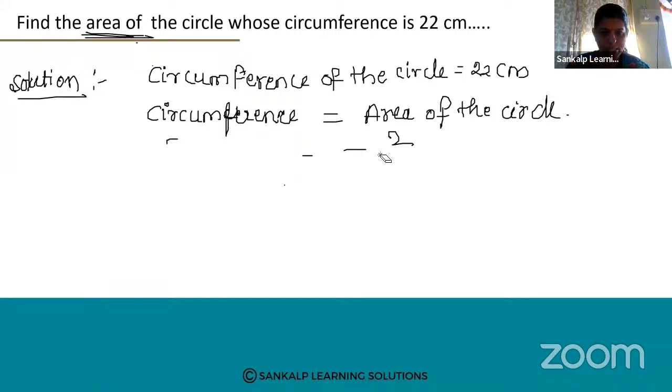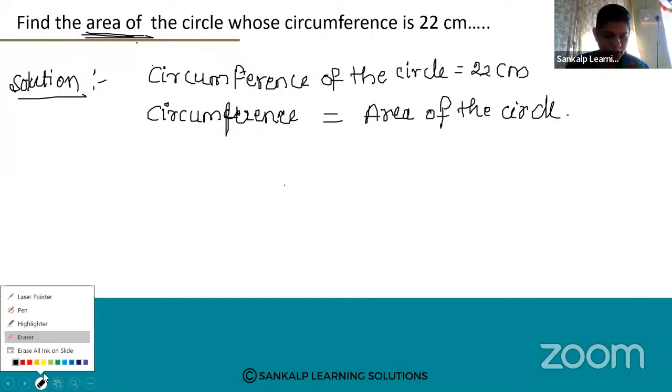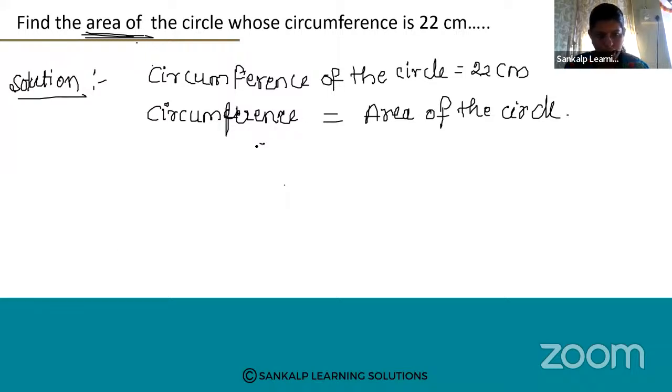I will solve this once again. Circumference formula is 2 pi r. Area of the circle is pi r square. So 2 pi r, the circumference they have given, is equal to how much? Circumference is 22, right? So 2 into 22 divided by 7. Pi value is 22 divided by 7.